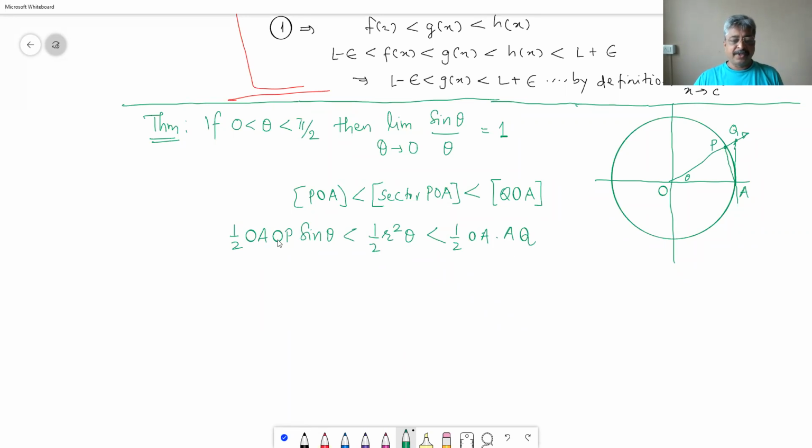So this is 1, half goes from everywhere, so sine theta is less than theta, and QA upon OA is tan theta, right? So here theta is in radian. Theta is in radian. Otherwise, this area will be wrong.